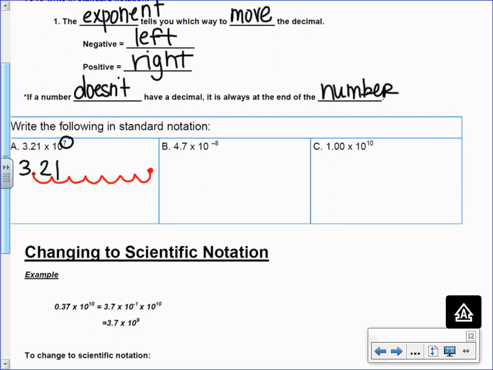And wherever I have empty spots, I just add 0. So 0, 0, 0, 0, 0. So this is really 32,100,000. Just like that. Questions on how I did that one? Alright, you guys try the next.